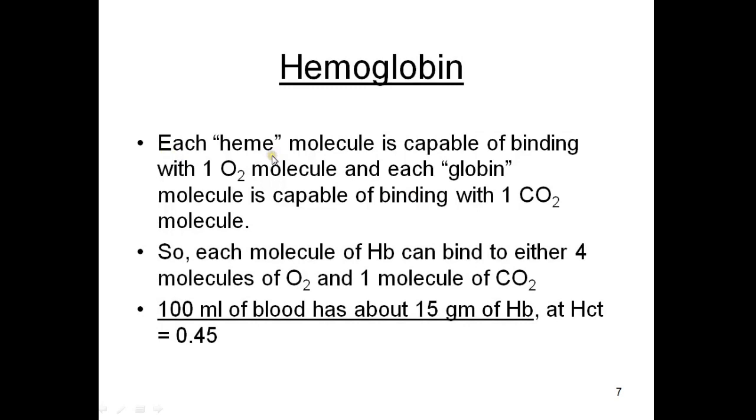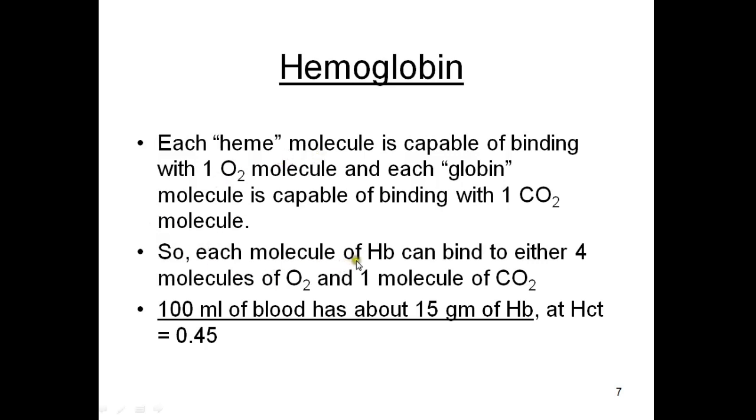Now each heme molecule, as you know, is capable of binding with one oxygen molecule, and each globin molecule is capable of binding one carbon dioxide molecule. So remember, there are 4 iron atoms in each hemoglobin molecule, and each iron atom can combine with one molecule of oxygen, or 2 oxygen atoms.